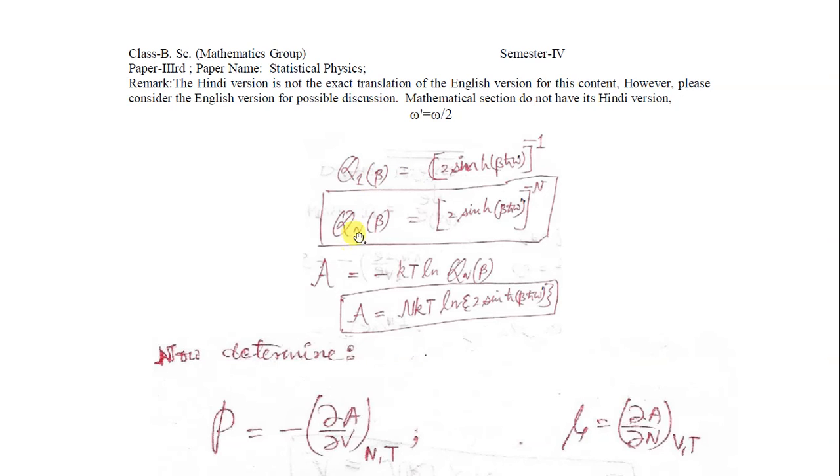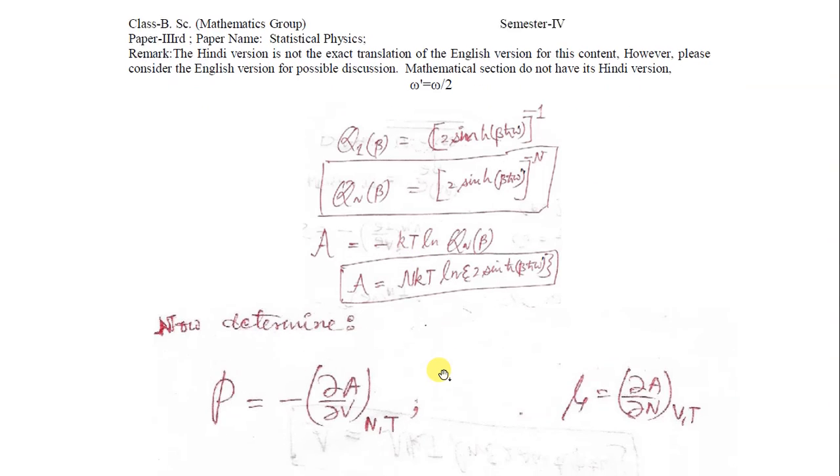Similarly, you have N oscillators, and each oscillator is independent of the others. That's why you can write Q_N(beta), that is the single particle partition function to the power N. So you can write the Helmholtz free energy, that is minus kT log of Q_N. The minus sign is there, so minus will give you plus. So A equals N kT log of 2 sinh(beta h-bar omega'). Omega' is basically omega by 2.